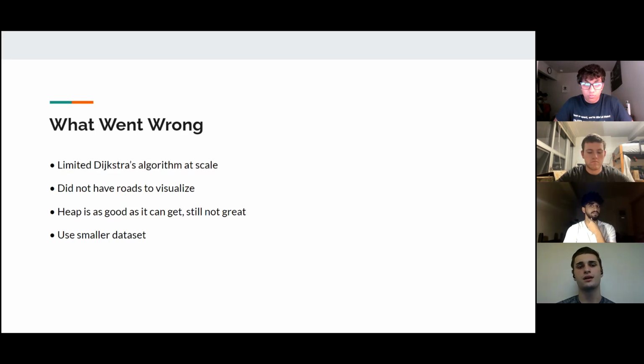And we also did not have roads to visualize due to some errors that we ran into towards the end. But with that being said, the heap implementation that we did have is as good as heap can get, but it's still not great.